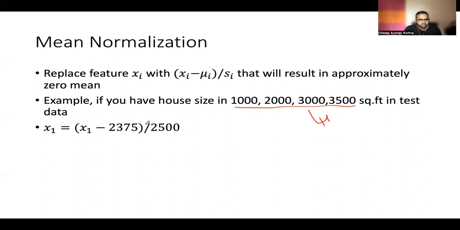Now the denominator is standard deviation. The standard deviation is nothing but the difference between the minimum value and maximum value, and this is 2500. So this will give us the range of values which have zero mean. So this is another way, but most of the time feature scaling is the one which is used.